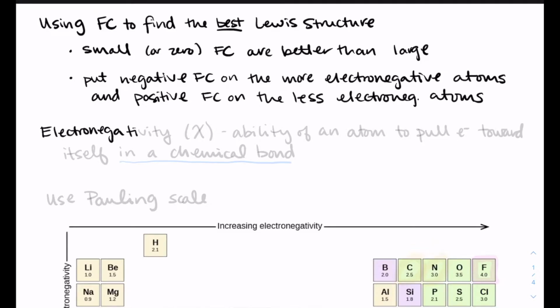So we should probably define it, even though we've kind of been using it for a little bit. Electronegativity is the ability of an atom to pull electrons toward itself in a chemical bond.